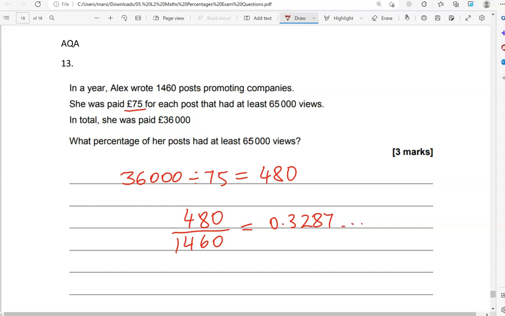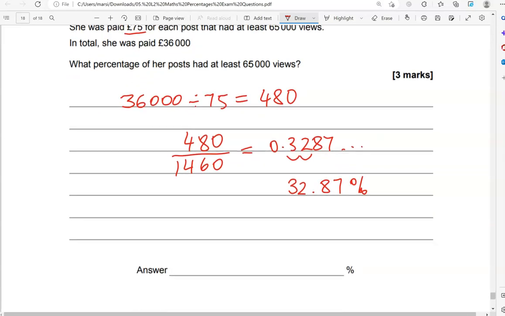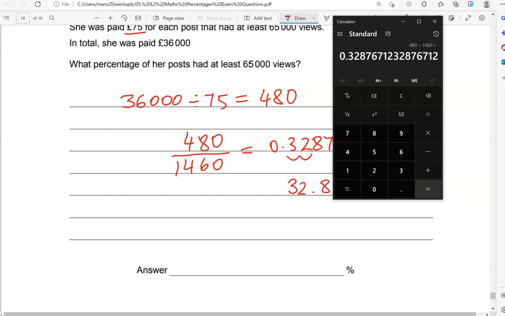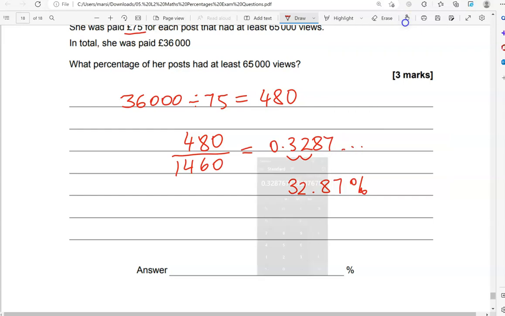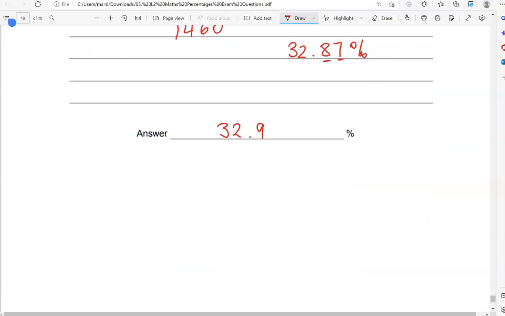So as a percentage, that is 32.87%. So we can round this to 32.9% because that's a 7 there. And this is the end of the questions.